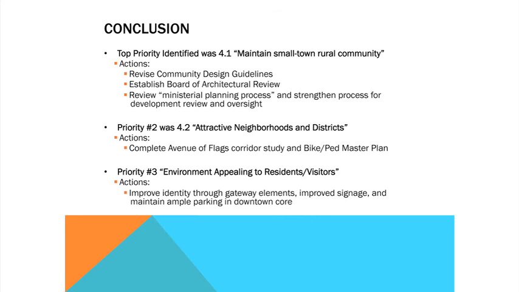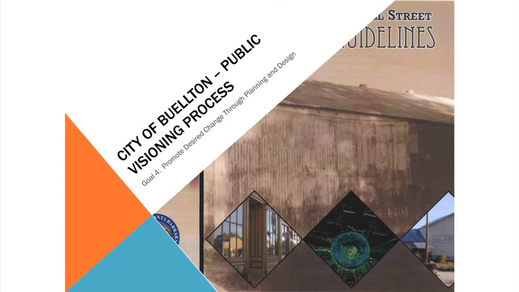Some of the things I mentioned before were the gateway elements, the signage program in downtown, and maintaining ample parking for people that would come and visit and people that travel through our town. And if there are any questions on this, we also had a number of active members in our group that could help answer this.